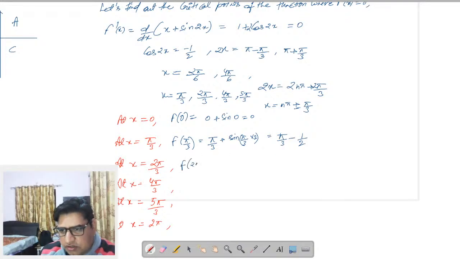Similarly, we will try to find out the value at 2π/3, so it is 2π/3 plus sin 4π/3, and 4π/3, as we know, is minus 1 by 2, so 2π/3 minus 1 by 2.